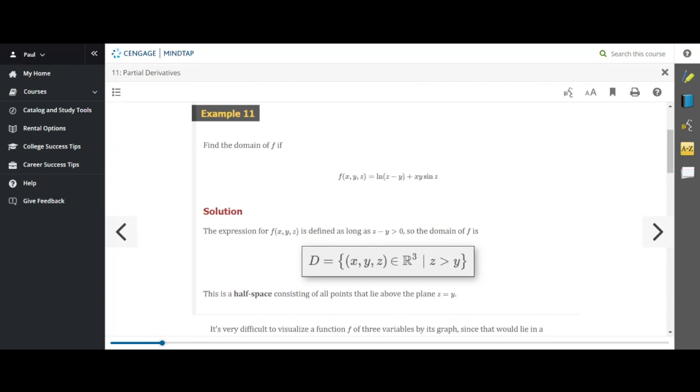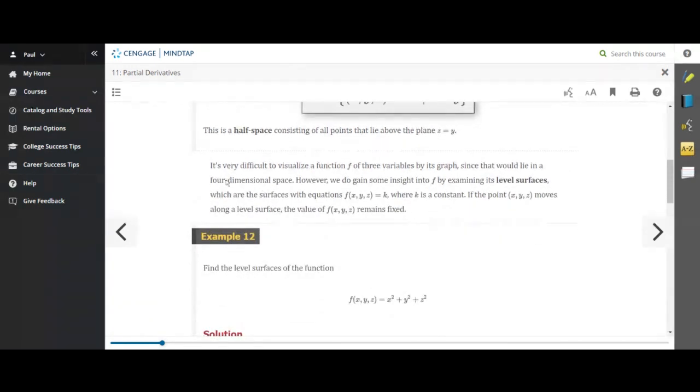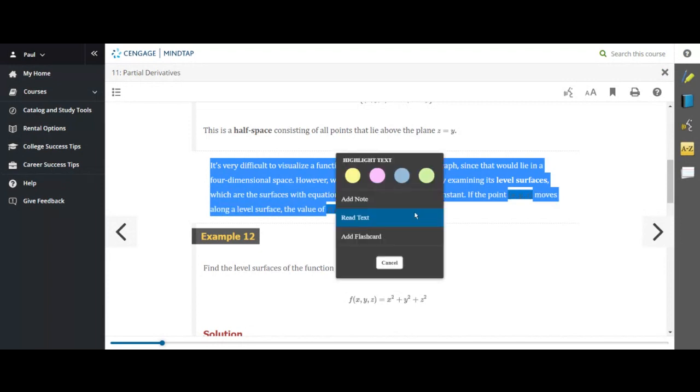Okay, one moment. Okay, so this is a little harder to visualize, but it is in our calculus 3, right? They mention right here that it's very difficult. I'll highlight this.